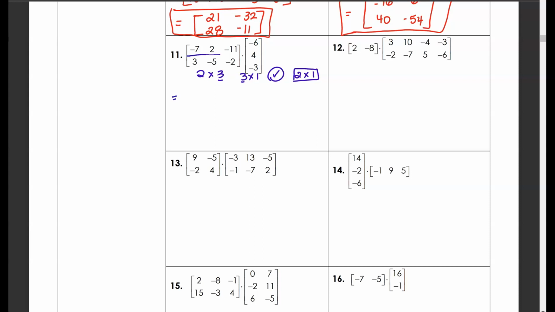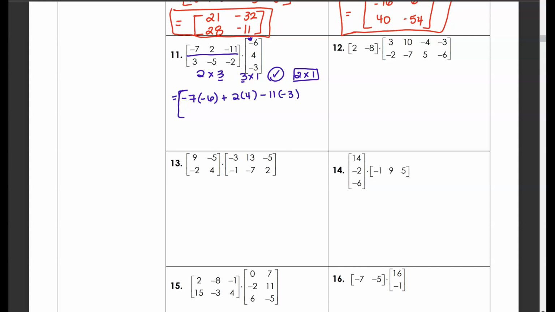So I'm going to take this row by this column. So negative 7 times negative 6 plus 2 times 4 minus 11 times negative 3 goes in that top one.